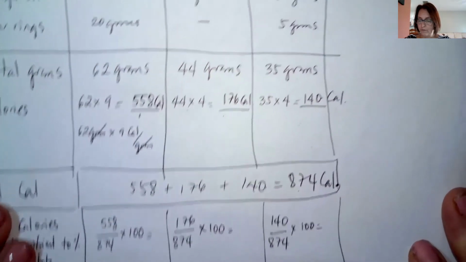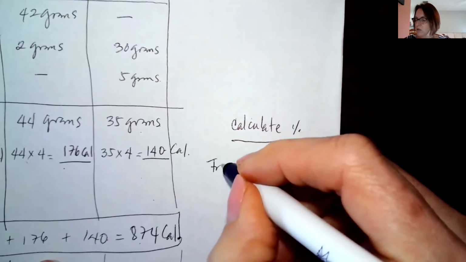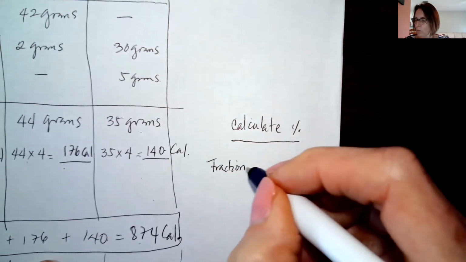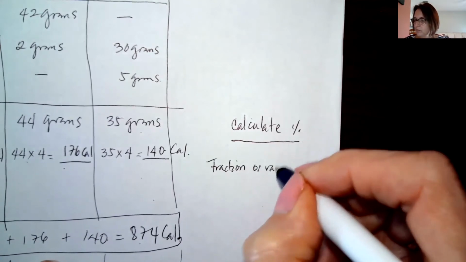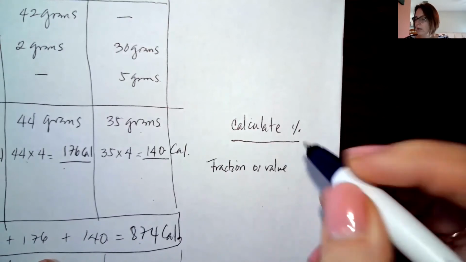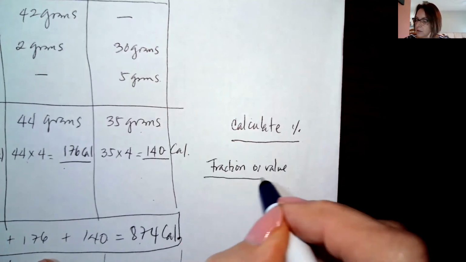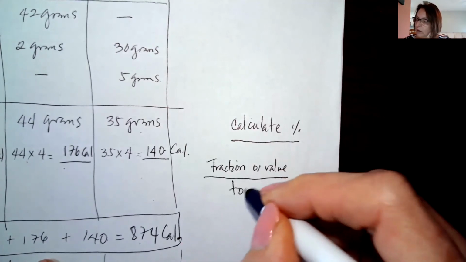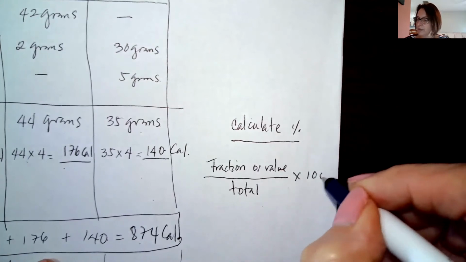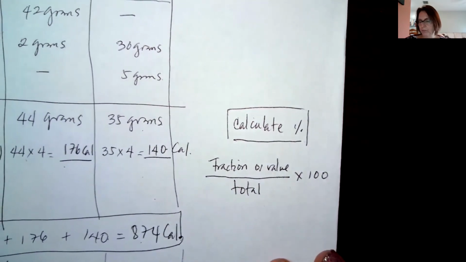If you want this as a formula, you take the value for which you want to calculate the percentage divided by the total times 100. In any other example, that's the only thing you have to do.